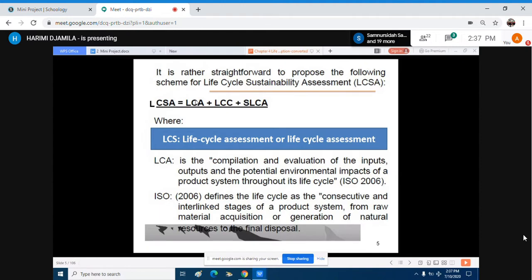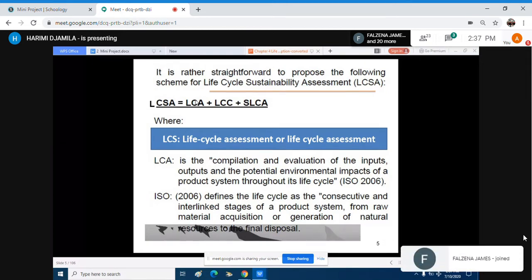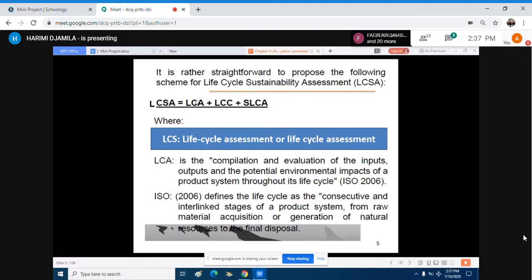For the first one, I already estimated the life cycle. I already assessed the life cycle of the product. So that is my benchmark, and then I build on it, which means I go to further improvement.